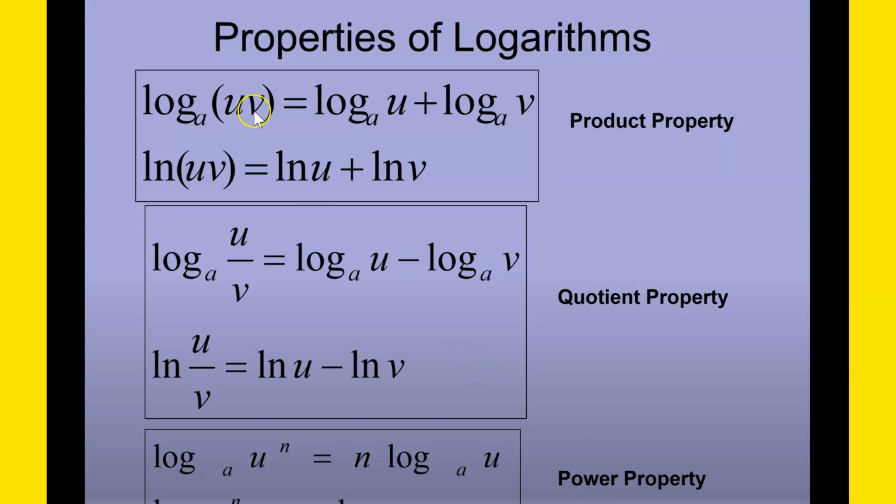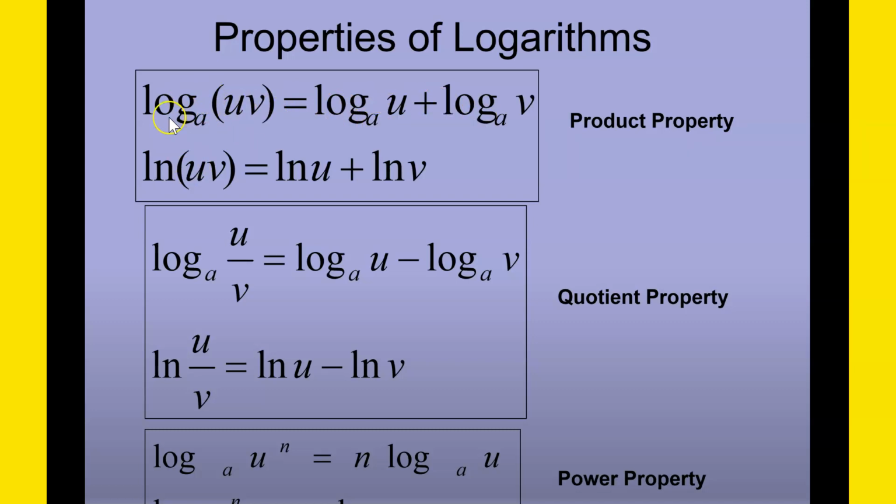If you've got two things being multiplied in the logarand, each one of those things can have its own log. Notice that the base doesn't change, it stays the same whenever you're going from the complicated log to the simpler logs. It's still the same base.